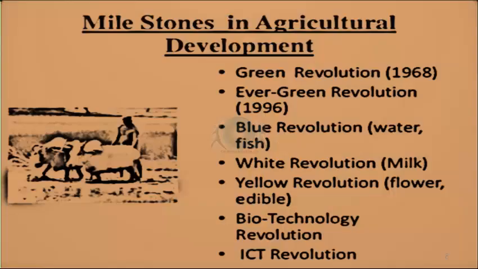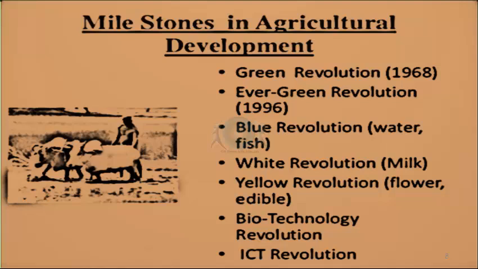There have been many milestones in the agricultural development of the country. The noteworthy ones are the Green Revolution, which started in 1968, then the Evergreen Revolution in 1996, also known as the Second Green Revolution. There is a Blue Revolution that is taking place, which is basically the development of fisheries in the country.